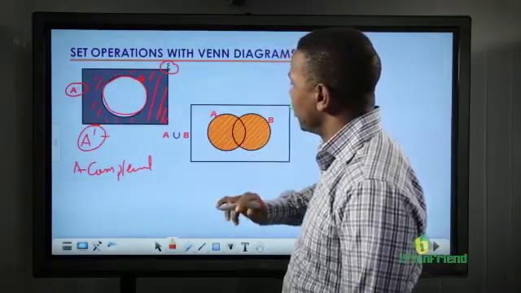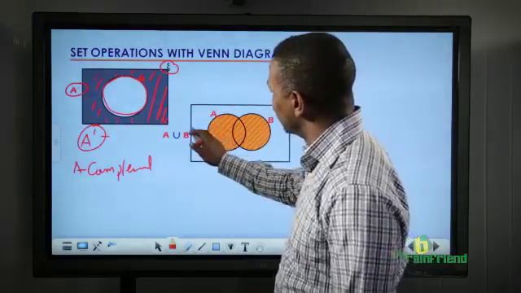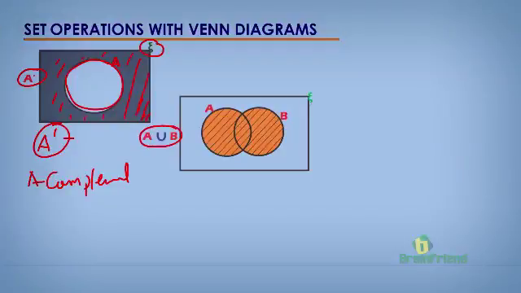This is another Venn diagram that depicts the operation of A union B. Again, we have our universal set, which is the rectangle, and we have our set A, which is our circle drawn here. We also have a set B, which is a second circle drawn.